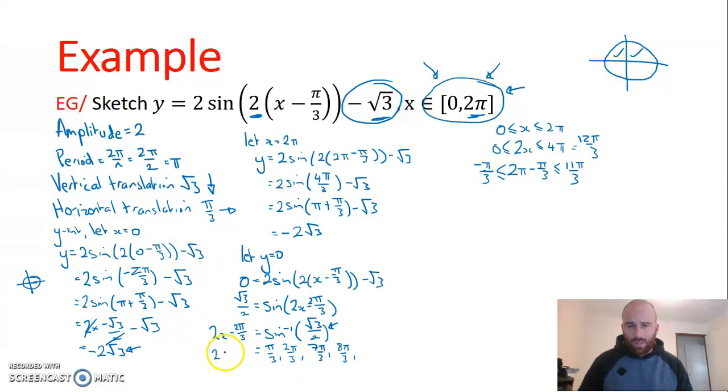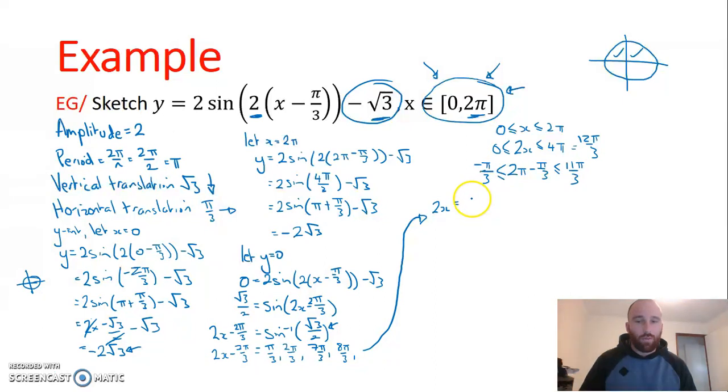And this is equal to 2x minus 2 pi on 3. So I'm going to bring this up here a little bit, just to give myself a bit of room, and I'm going to start rearranging it. So I've got 2x is equal to, I'm going to add the 2 pi on 3.